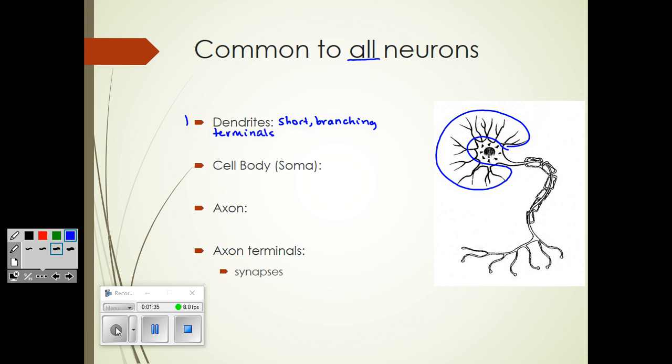It is very probable that at some point you would have to identify on a picture which part of it is a dendrite. And so you want to look for those tree branch resembling structures. They receive and relay impulses.